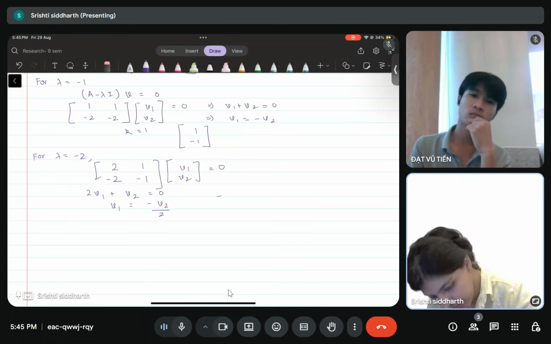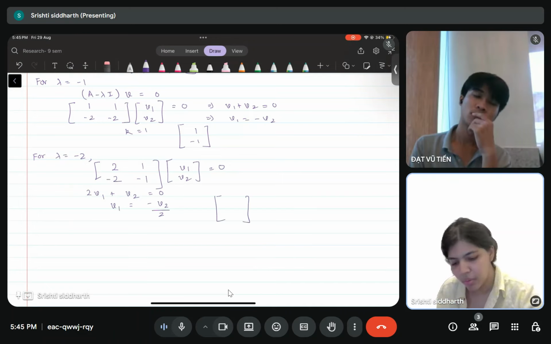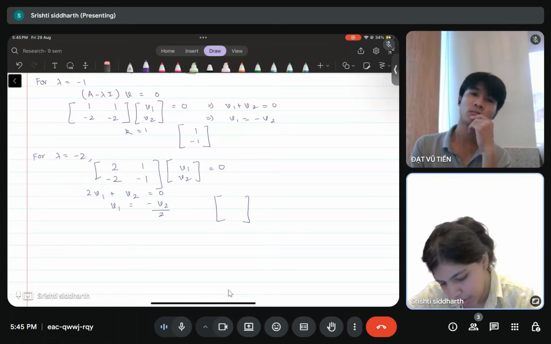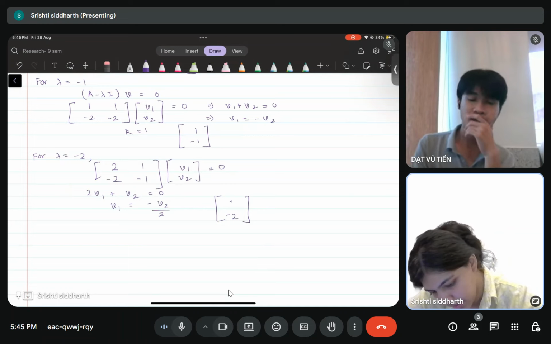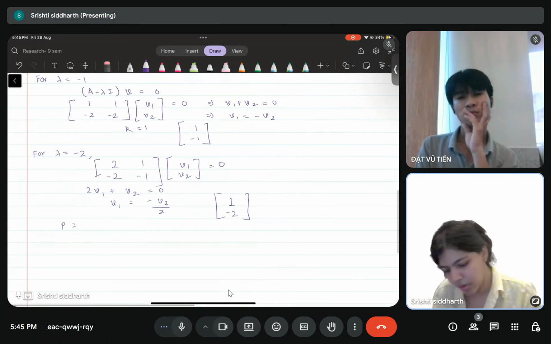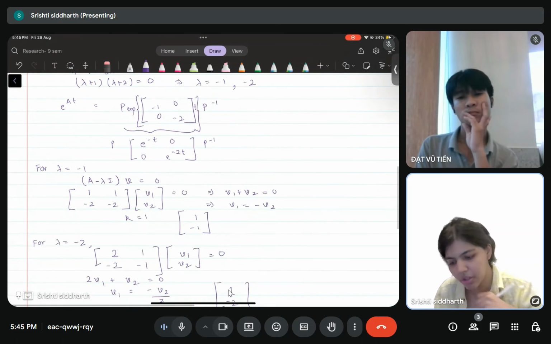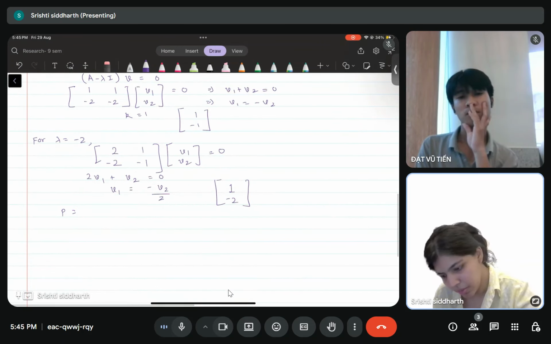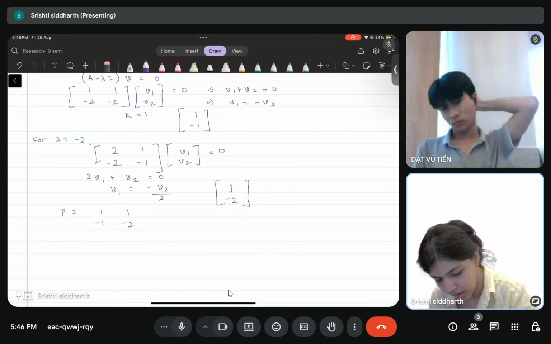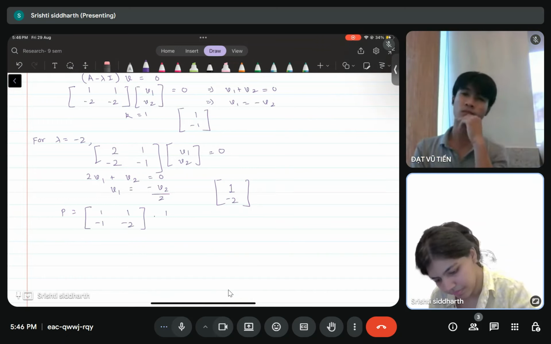One of the eigenvectors is, so v2 is minus 2, then this becomes 1. So P is, because we have already fixed what the diagonal matrix should look like, the eigenvector for lambda equals minus 1, and then lambda equals minus 2.